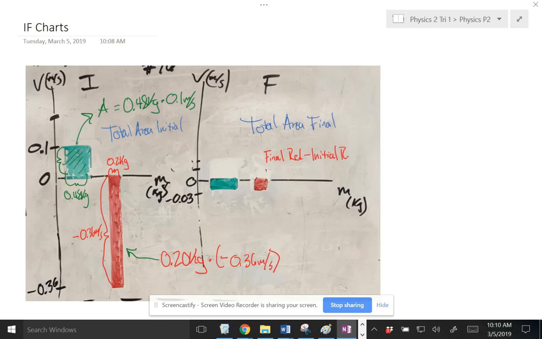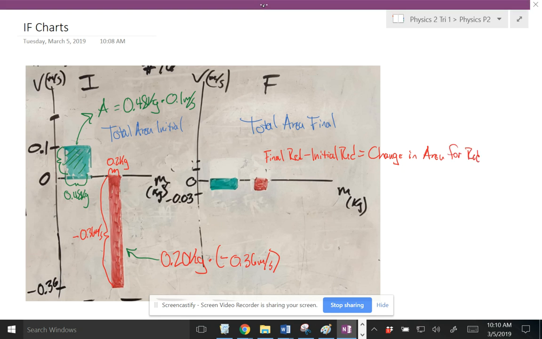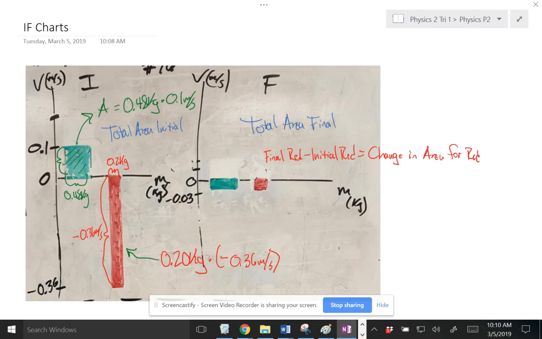If I'm doing final minus initial, that's going to find me the change in area for red. And then you're going to do the same thing for the green. Do the final green minus the initial green to get the change in area for green.